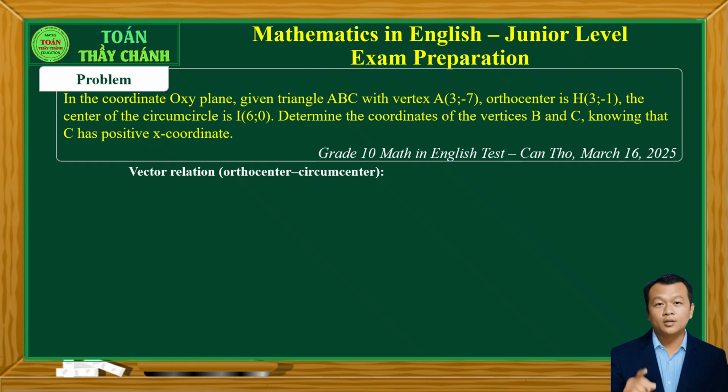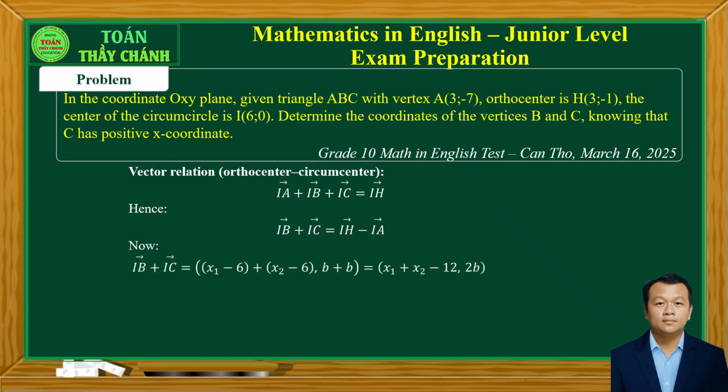Now, we use the vector relation between the orthocenter and the circumcenter. We have vector IA + vector IB + vector IC = vector IH. Therefore, vector IB + vector IC = vector IH - vector IA. Now, let us compute each side.